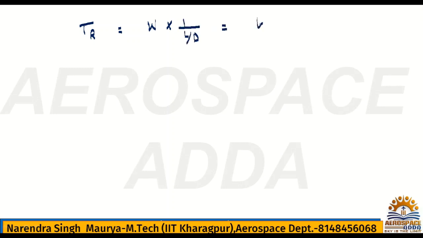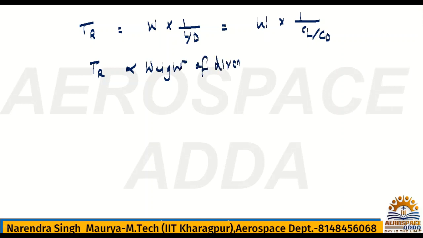So what is this? Thrust required is directly proportional to weight of the aircraft. If it is a light aircraft, thrust required will be less. If it is a heavy aircraft, a jumbo aircraft, thrust required will be more. Then you will need a more powerful engine or you have to increase the number of engines.